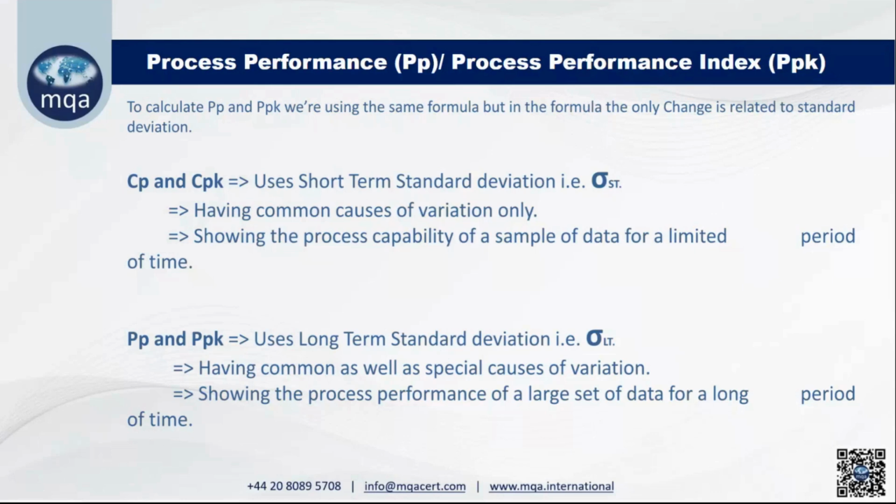If we have a full week, full month, or full quarter of production, then we use PPK. CP and CPK is when we give a sample to the supplier, the pilot lot. So this is for short term, limited data. This is for long term data.